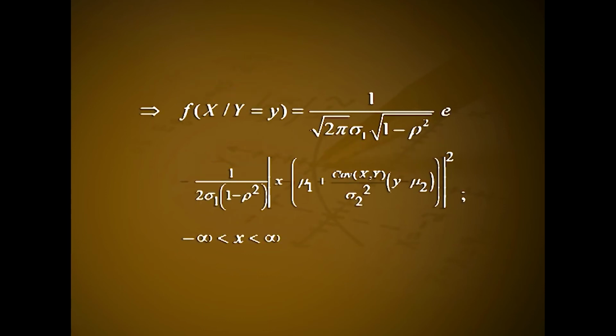This implies f of x given y equal to small y is equal to 1 divided by root 2 pi sigma 1 times the square root of 1 minus rho square, times e raised to minus 1 by 2 sigma 1 times (1 minus rho square), times (x minus (mu 1 plus covariance of x, y divided by sigma 2 square times (y minus mu 2))) the whole square, for minus infinity less than x less than plus infinity.